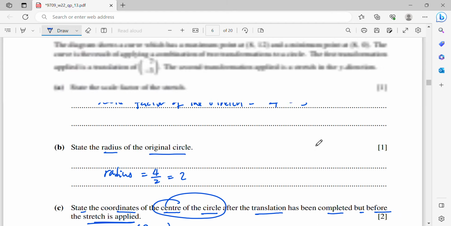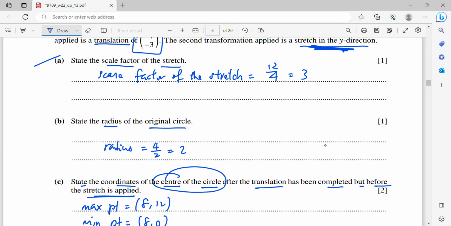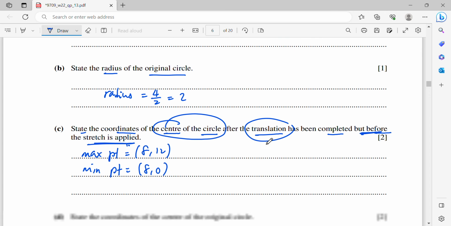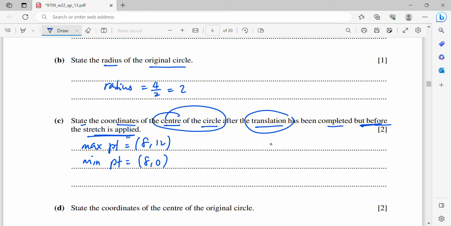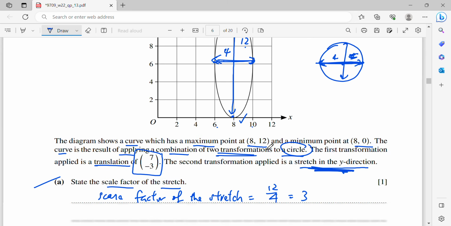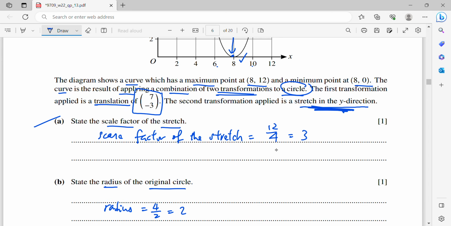Okay, so since this is before the stretch but after the translation, we know that these 2 points are after the stretch. Alright, so these are the new points after the stretch. So the original points, just before the stretch, look at the scale factor 3 here.